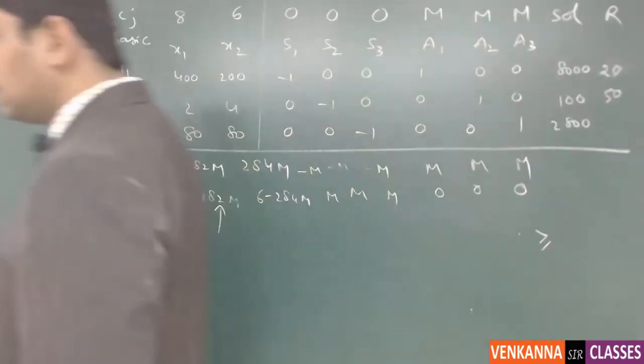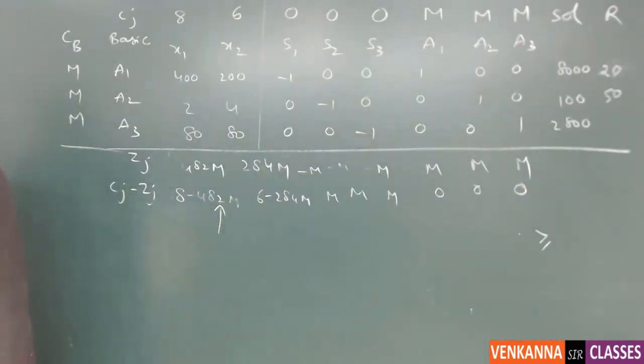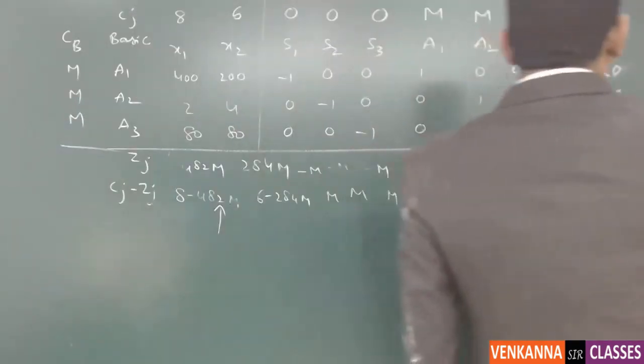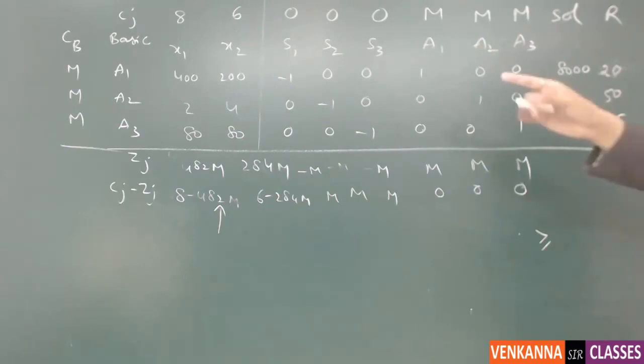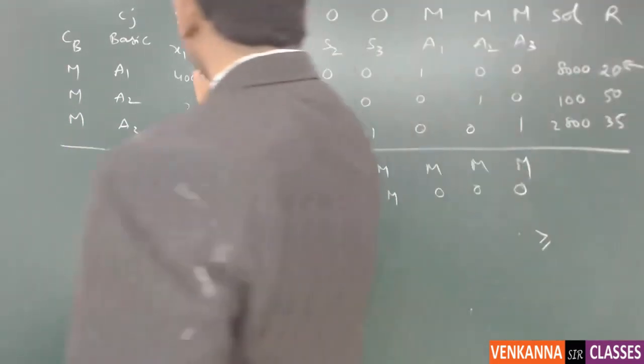What will be the value there? Right, 35. So among all these things, this ratio is minimum. So this will be the pivot element.